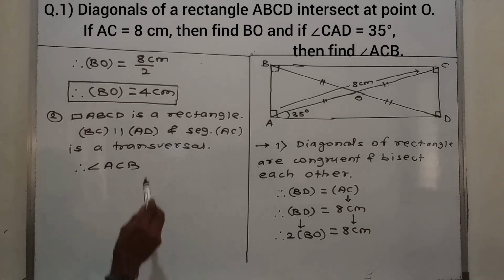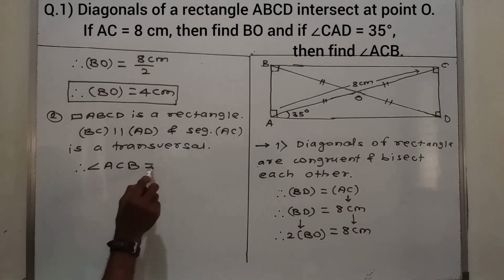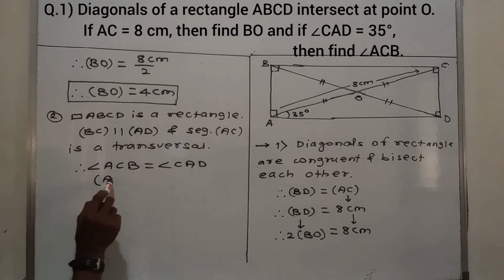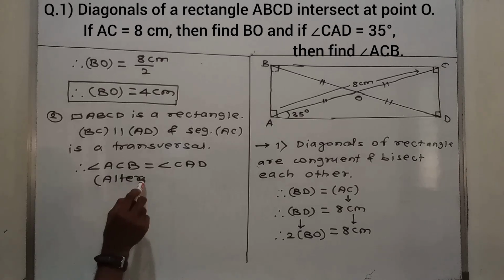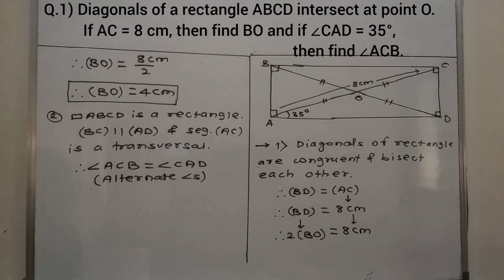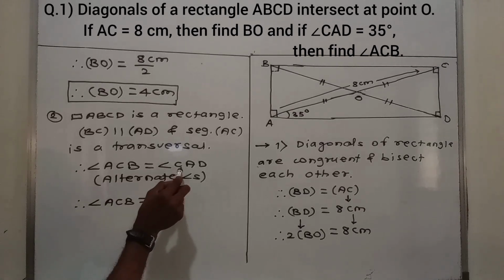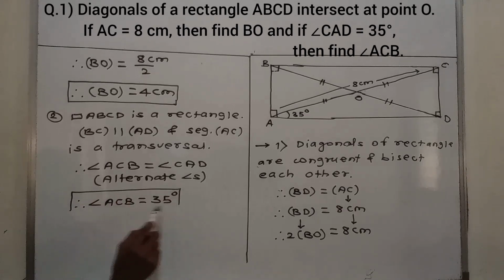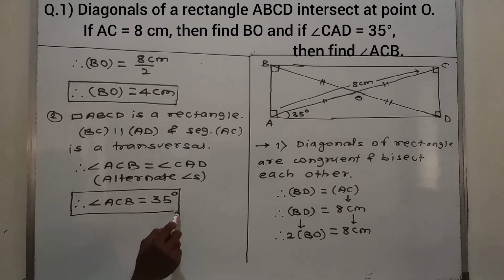These are alternate angles. Therefore, angle ACB is equal to the value of CAD. We have given 35 degree. This is our second answer. Did you get it? Yes.